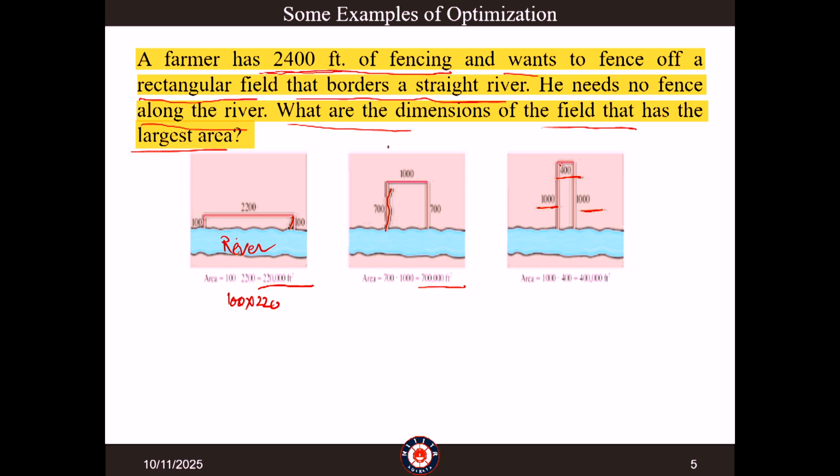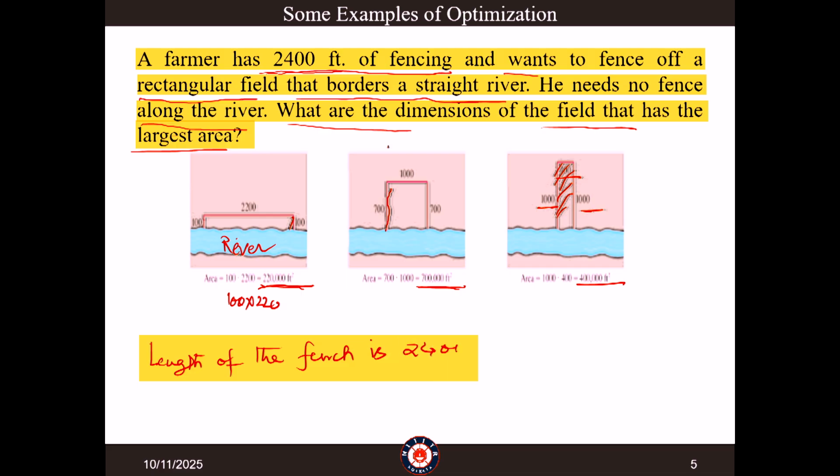Same thing if this is 1000 and this is 1000 and this is 400. So what will the area be? The area will be 4 lakhs. Though the length of the fence is 2400 feet, depending upon the length and breadth, the area changes.